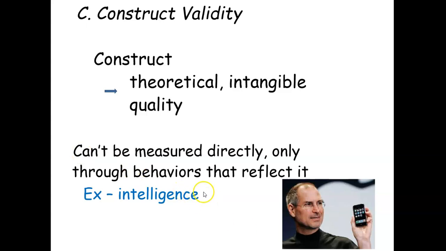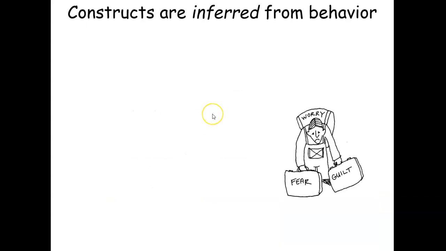The intelligence test measures things like problem solving and memory and practical kinds of knowledge, and it's all done to assume that that measures intelligence. So constructs are inferred from behavior, they're assumed. We assume if you have a good memory and good problem solving skills, you must be intelligent.